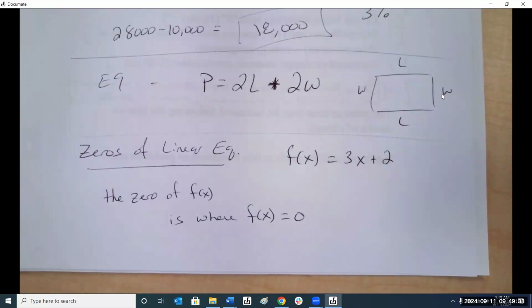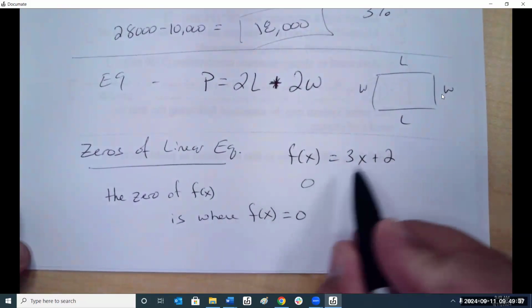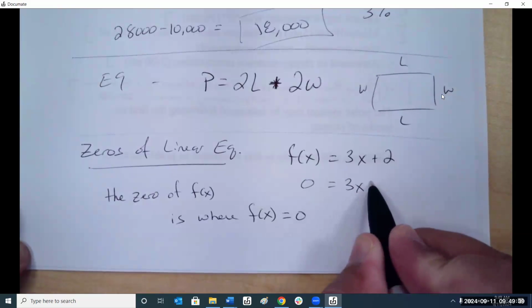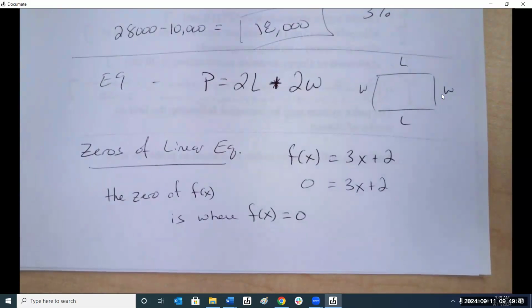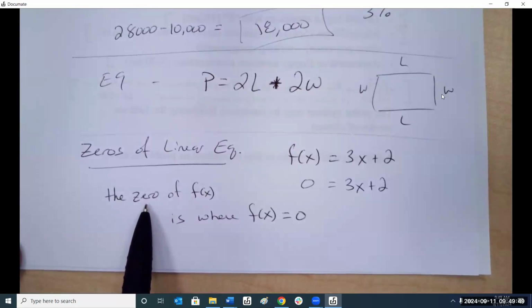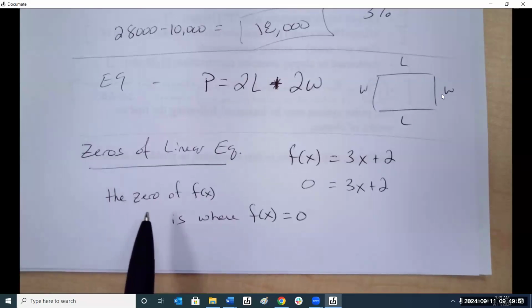So what x value makes the whole equation equal 0? So set that equal to 0. Remember what I said earlier. This is a solution. Another name for solution is zero. Another name for it is x-intercept.